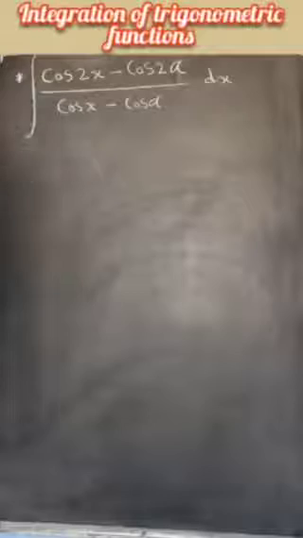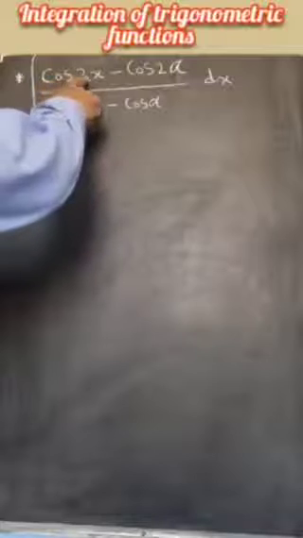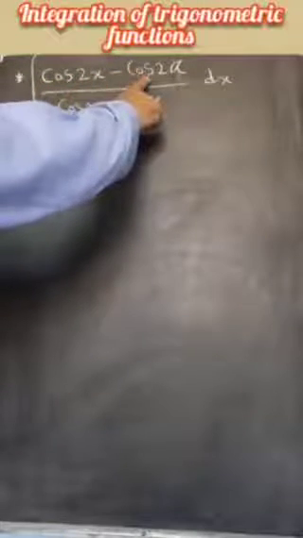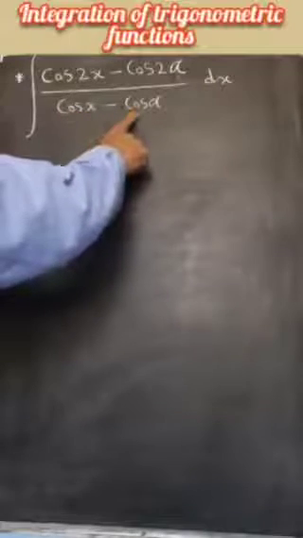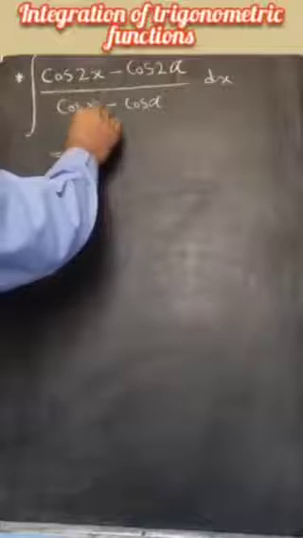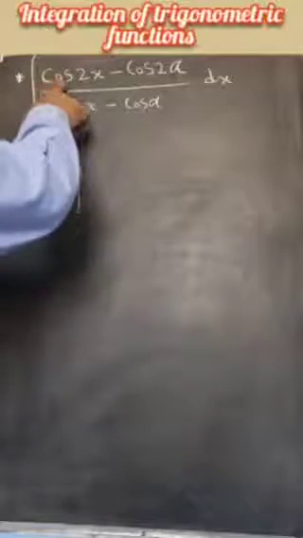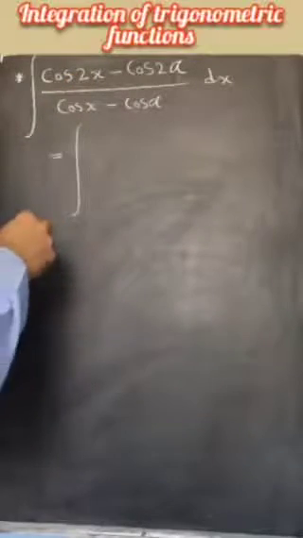Let us take one more question. Here we have to find integration of cosine of 2x minus cosine of 2 alpha divided by cosine of x minus cosine of alpha. We can write it as integral. We know that cosine of 2x is equal to twice cosine square x minus 1.